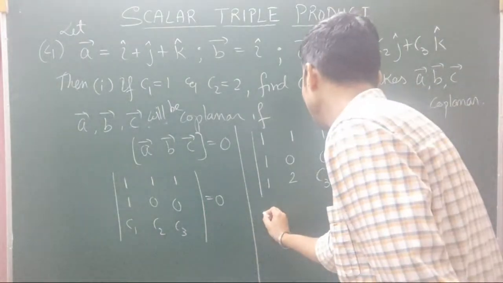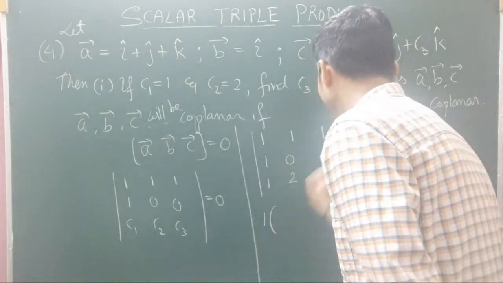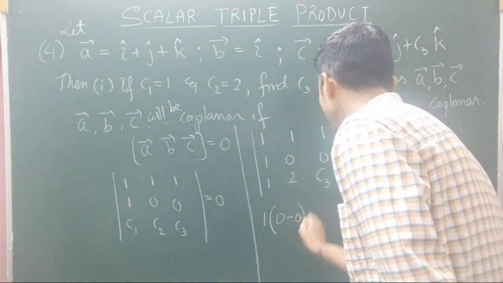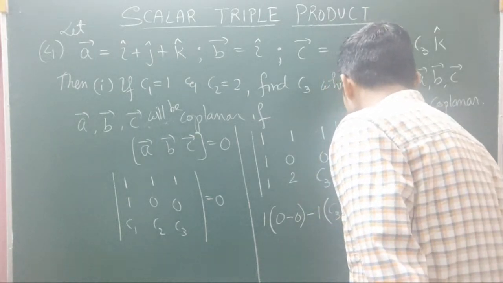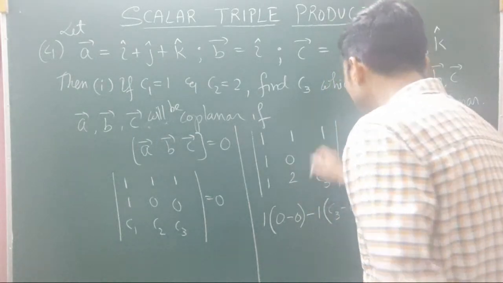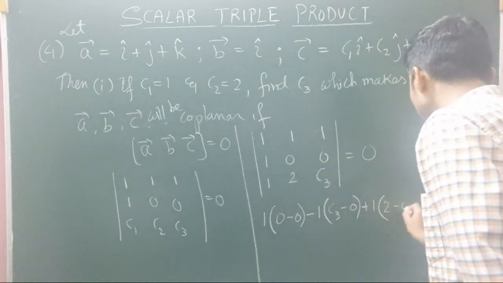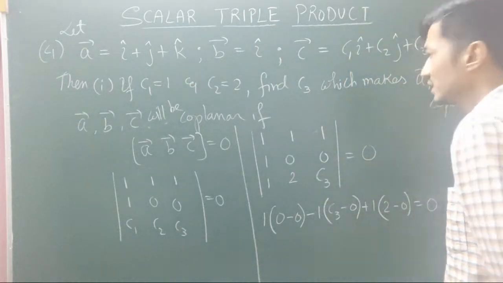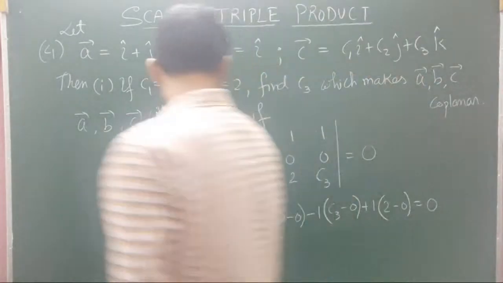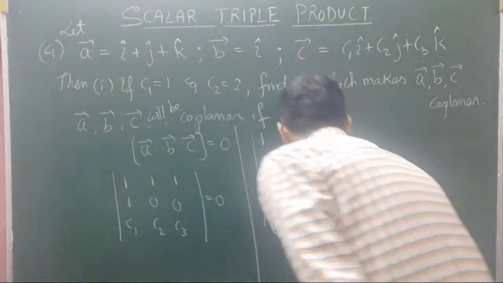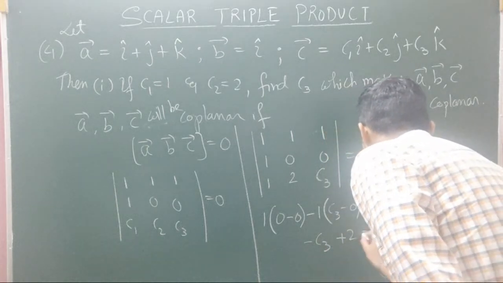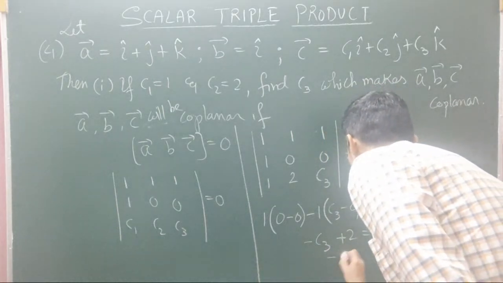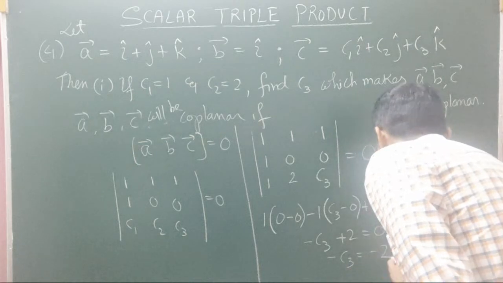Now if we calculate, 1 into 0 into 0 minus 0, this will be C3 minus 0, plus 1 into 2 minus 0, equal to 0. So that's 0, minus C3, plus 2 equal to 0. So minus C3 equal to minus 2.